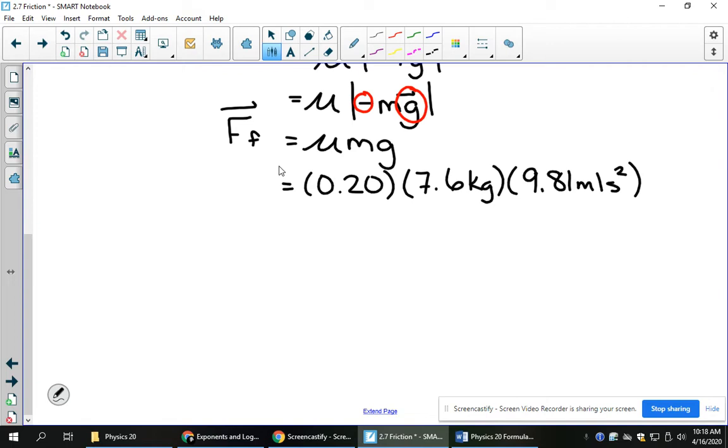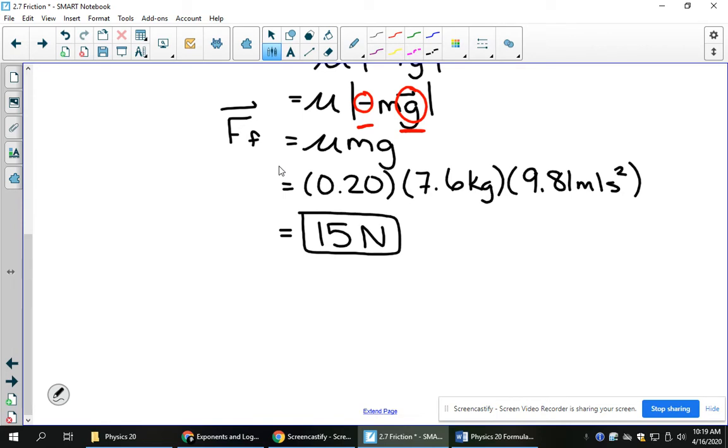You would just want to add a negative with your mass as well. So you'd want to make sure that you put a negative in front of your mass if you're going to put a negative 9.81. They'll cancel out and give you the same answer either way. So multiply these together. We're doing 2 sig digs here, and we get 15 newtons for the force of friction.